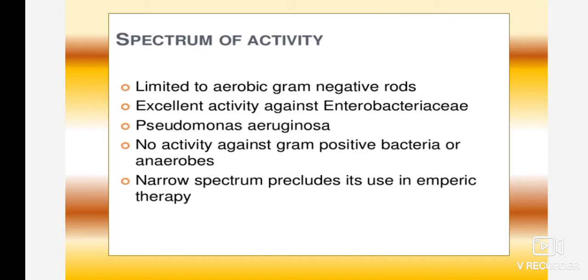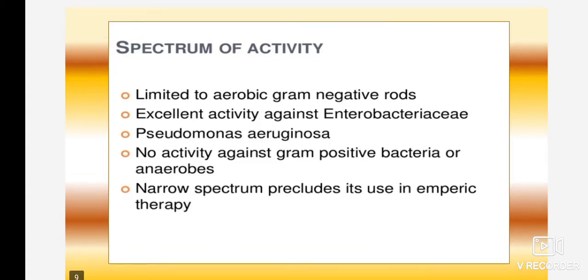Then the spectrum of activity. As you know, some drugs are narrow spectrum, some have broad spectrum activity. Aztreonam is limited to aerobic gram negative rods. Then excellent activity against Enterobacteriaceae.